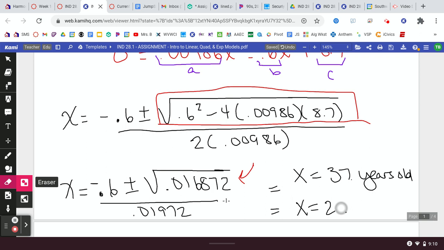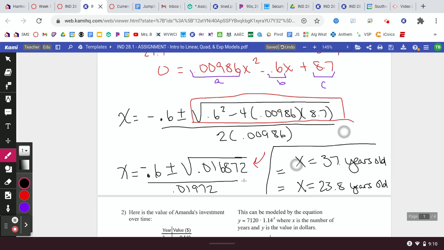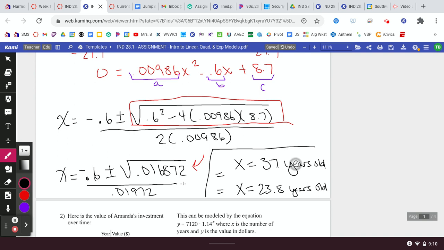I was reading too fast. 23.8 something something, but you rounded to the nearest tenth, so it stays 23.8. So remember when it's a quadratic, you get two answers. Okay, those are the two ages where you would average 27.7 minutes.